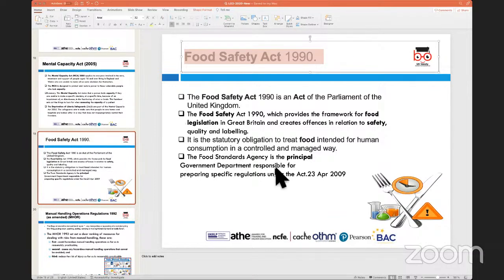So again, something that you need to be aware of, from the point of view of how it relates to the National Health Service or any sort of setting in which food is being served through food catering agencies.